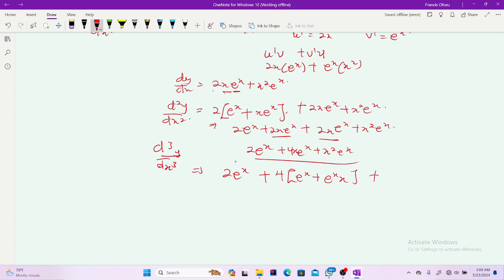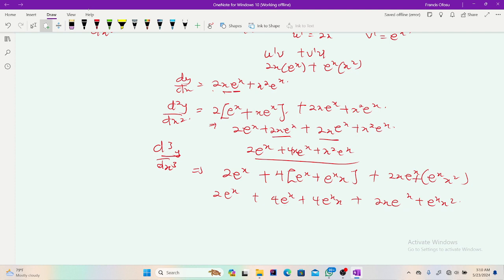Plus this gives me 2x e to the power x, plus e to the power x times x squared. So I'll get 2 e to the power x plus 4 e to the power x, plus 4 e to the power x times x, plus 2x e to the power x plus x squared e to the power x.